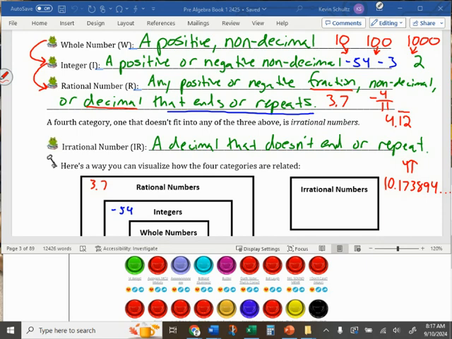So you've got all these numbers that are rational. Within that set, more specific are the integers. Within that set, more specifically, are the wholes. And then completely different, separate completely, that's why it's a separate box over here, you have the irrational numbers.